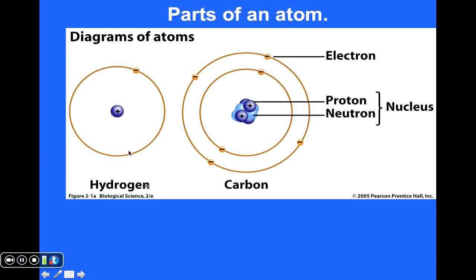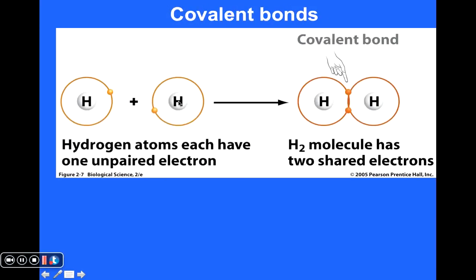So to illustrate that basic concept, let's just take a look at hydrogen. Again, we said this first shell of electrons is able to hold up to 2, but yet a single hydrogen atom just has 1. So what happens is 2 hydrogen atoms come together and they essentially share their electrons, and therefore they're sort of satisfied, if you want to think of it that way.